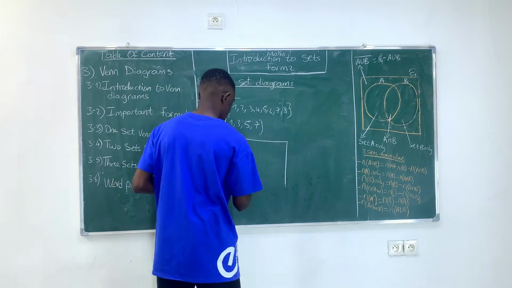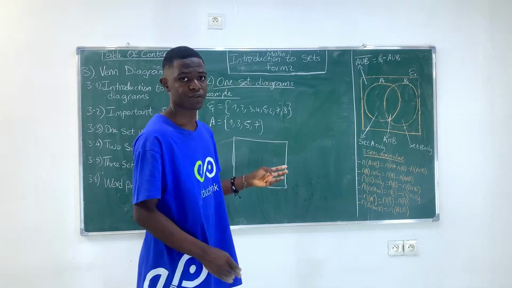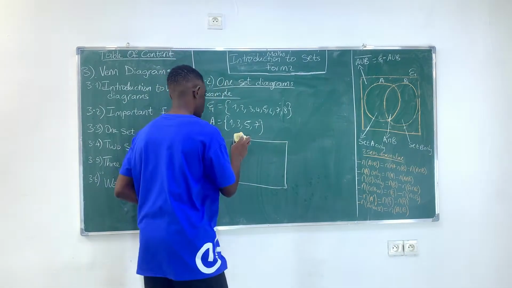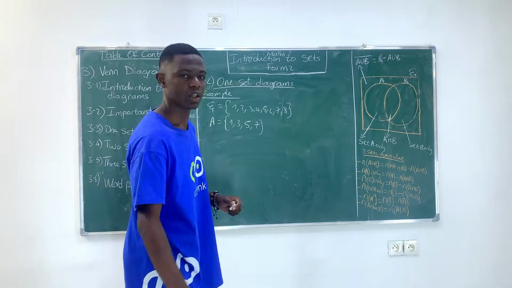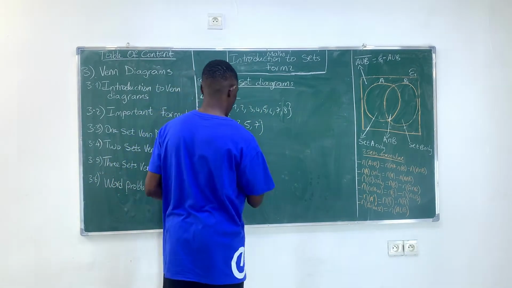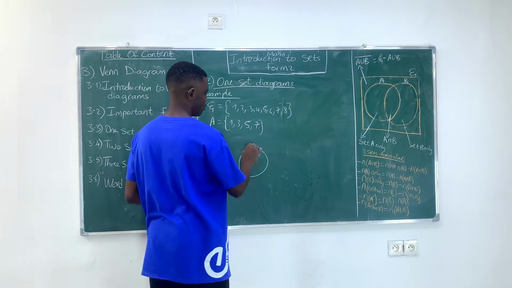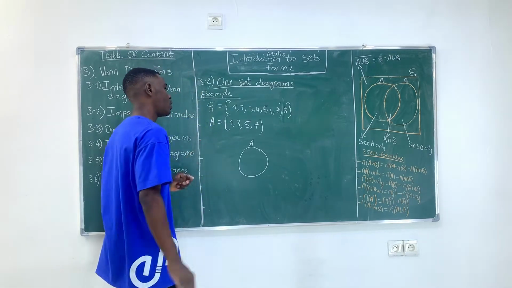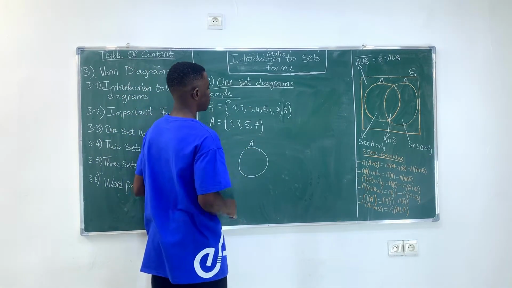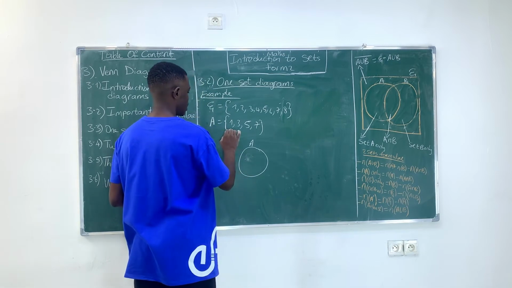Firstly, it's not even recommended to draw a box first. Firstly, you draw the set, so you draw a circle. We label it with the name of the set, A. Before writing things inside, finish drawing.